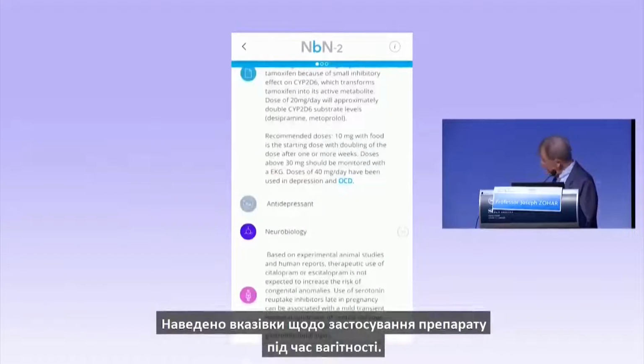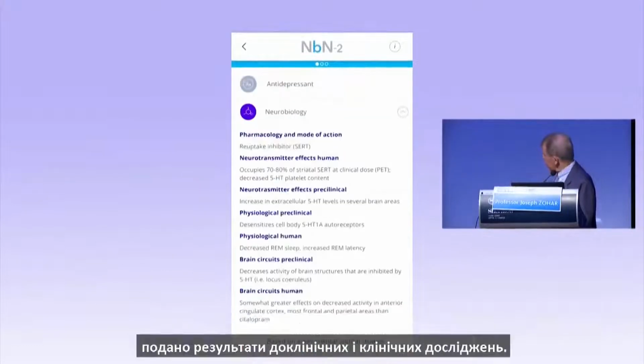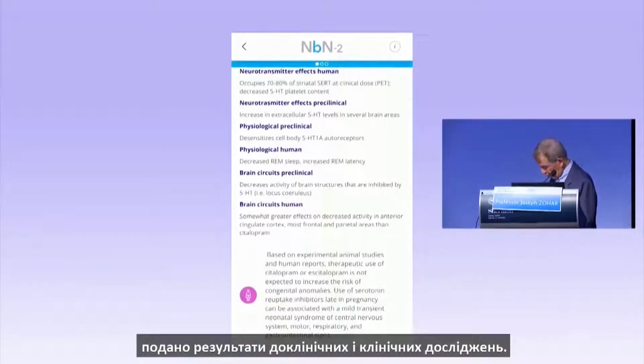There is also a layer about pregnancy, and if you touch upon the neurobiology, you get the neurobiology of the medication, moving from preclinical to clinical.